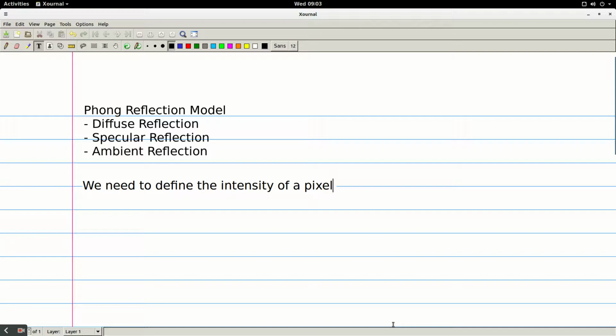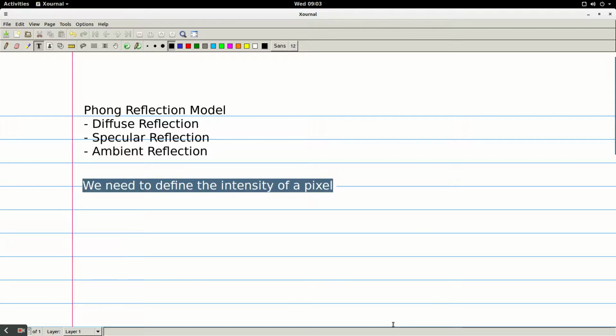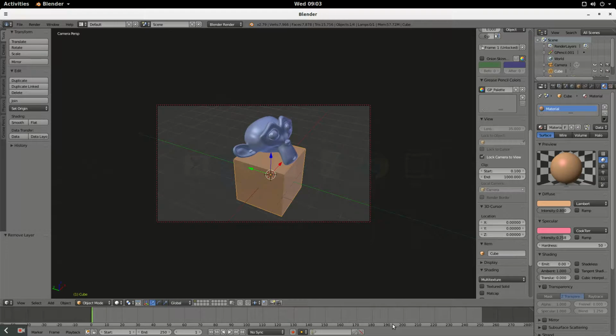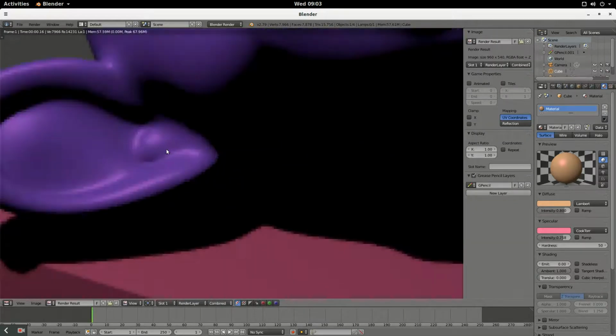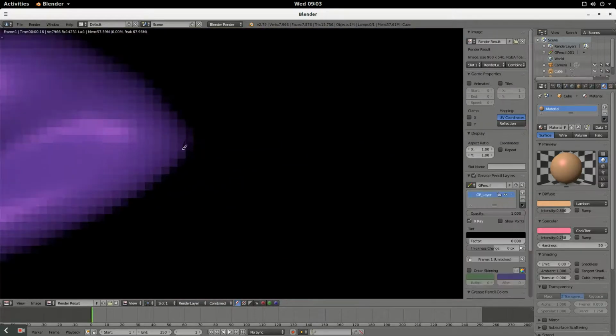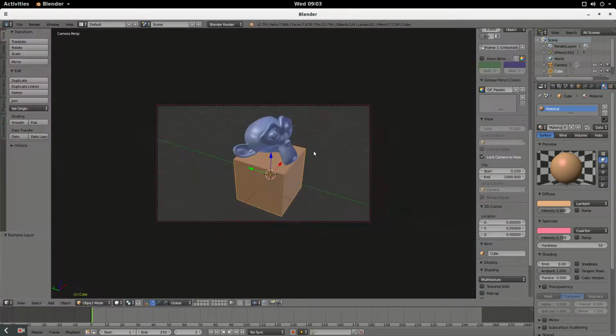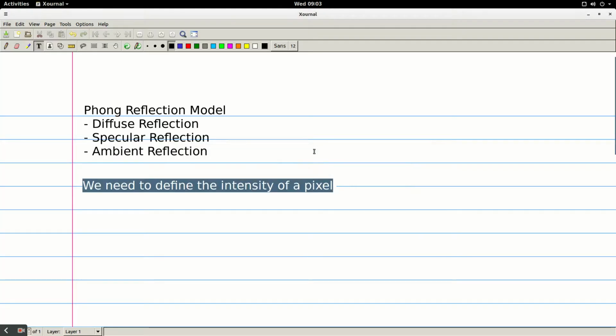We need to define the intensity of a pixel. That's the target. If we can do it for one pixel, like if I just hit render, if I can do it for one pixel, like over here, then I can do it for another pixel, and then I can do it for the other pixel. So however many pixels are there, we can do it for everything. Right now the target is to do it for one pixel.